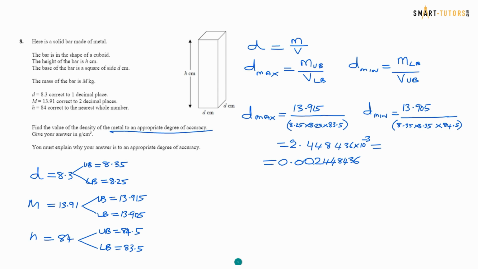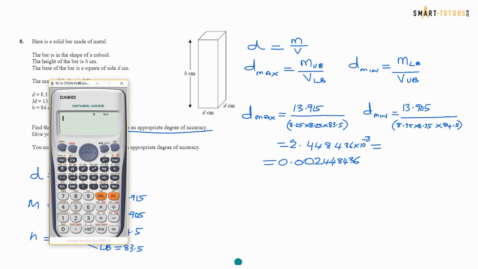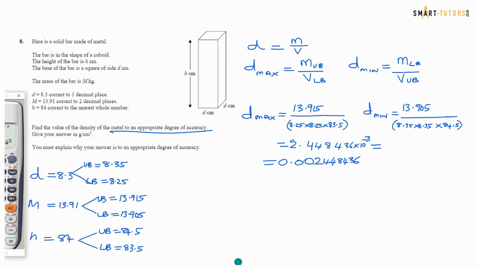So now the next one, I'm going to do the calculator again for the minimum. So for the minimum, all you want to do is 13.905 and down is 8.35 squared times 84.5, and that is 2.36015.